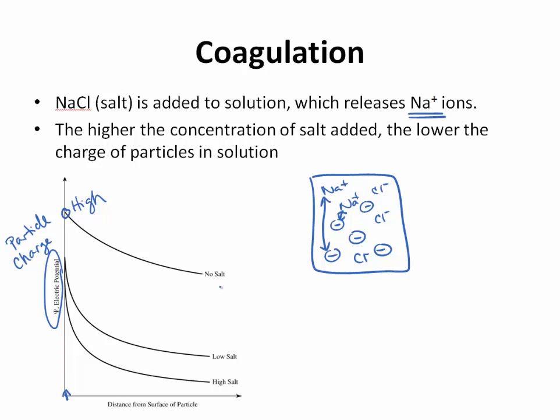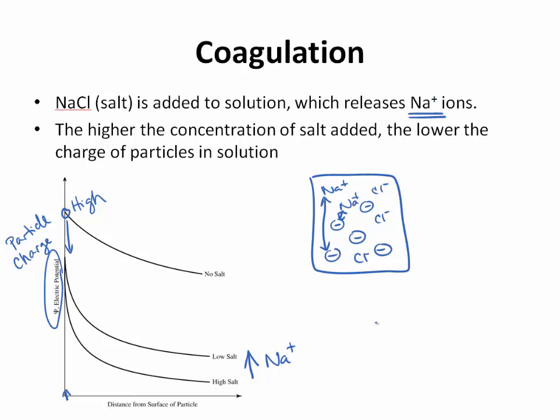So in a solution, when you're at the surface of a particle, the particle charge is very strong. And what this diagram tries to show you is if you increase the salt concentration, you essentially increase the positive ions that can interact with the negative. The strength of that charge decreases even at the surface of the particle.